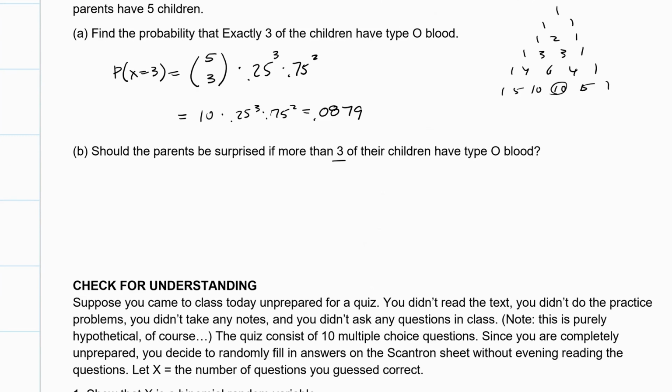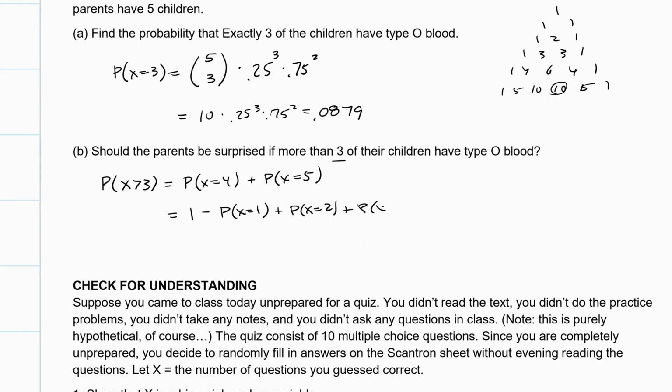Well, one way to answer that question: what's the probability of x being greater than 3? We could think of it as the probability of x being exactly 4 plus the probability of x being exactly 5. Or we could think of this as 1 minus the probability of exactly 1 plus the probability of exactly 2 plus the probability of exactly 3. We've already calculated those numbers.